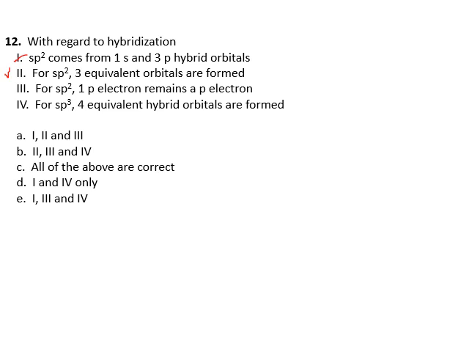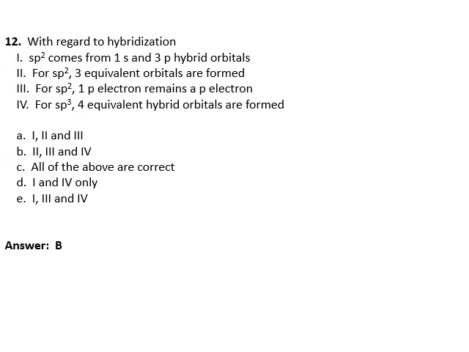S1 p2 is 3, 1 plus 2 is 3, so we should get 3 equivalent orbitals. Number 3, for sp2, we get 1 p electron remaining as a p electron. That's correct, so that it can make a pi bond. And for sp3, 4 equivalent orbitals are formed. That's also correct. So the answer is going to be 2, 3, and 4. So the answer here is going to be B.